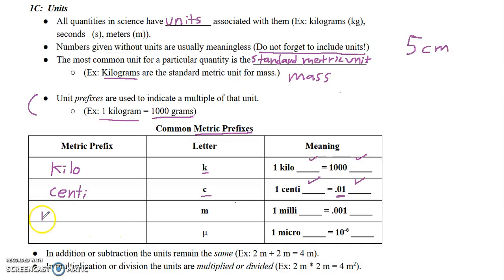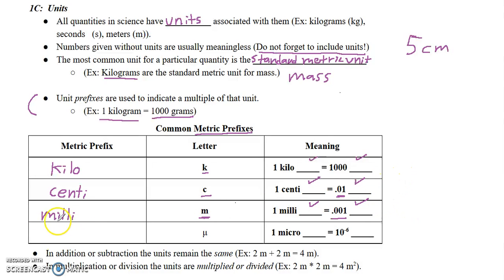The next one is milli, abbreviated M. So if you have 1 milli, you have 1/1000th of that unit. So if you have a millimeter, you have 1/1000th of a meter, so really small.